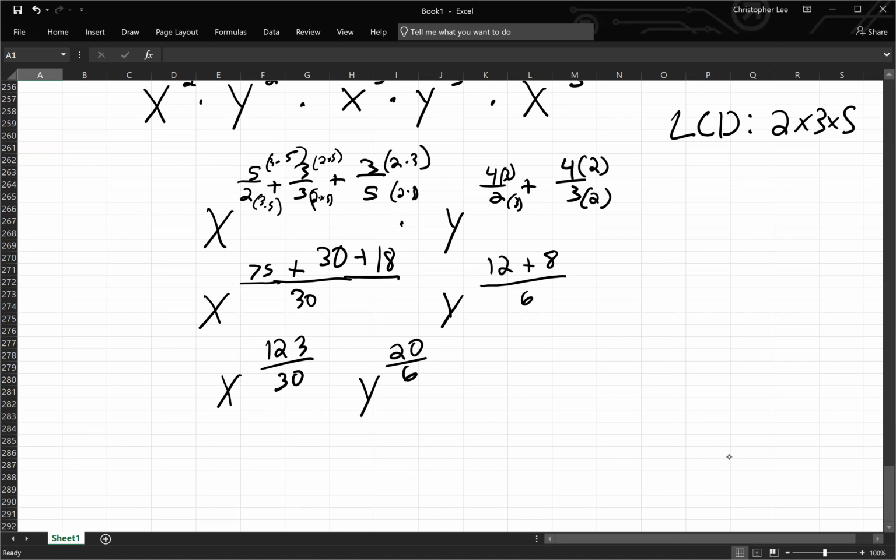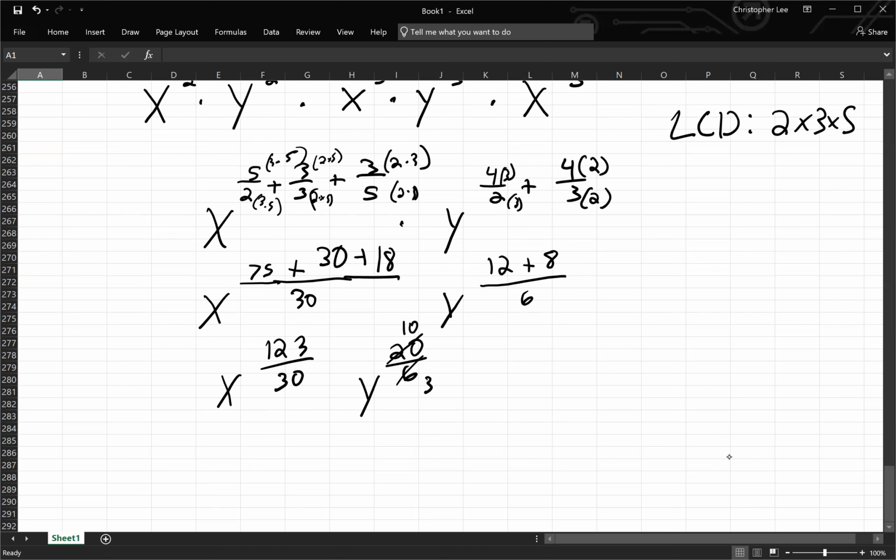That's it. You could reduce it a little bit. I don't think we can reduce the first one, but the 20 over 6, I would take 2 out, right? Call this 10, call this 3, 10 over 3.